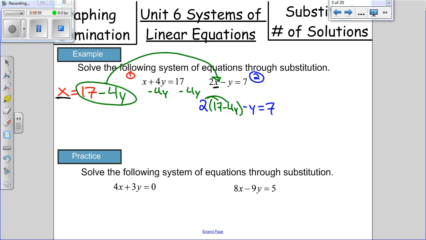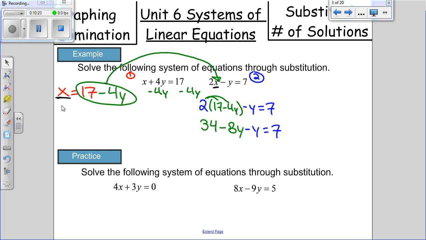That gives me 34 minus 8y minus y equals 7. So I multiply that 2 in to get those things in green. Everything in blue stayed the same. So the first step was any multiplication that needed to happen, any distribution.